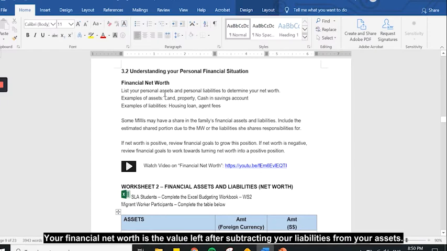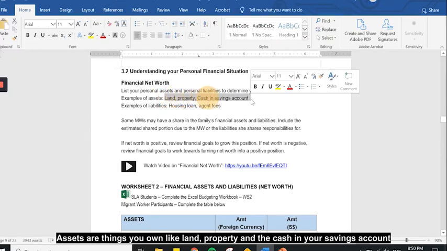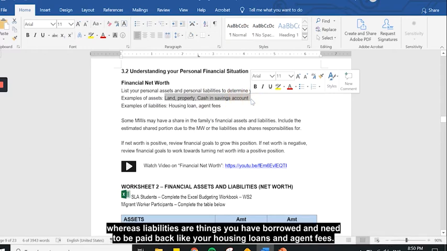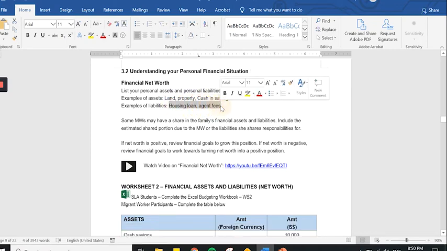Your financial net worth is the value left after subtracting your liabilities from your assets. Assets are things you own, like land, property, and cash in savings account, whereas liabilities are things you have borrowed and need to be paid back, like your housing loan and agent fees.